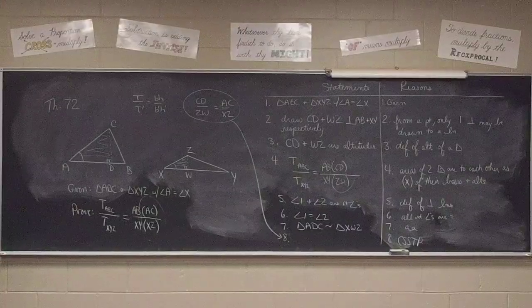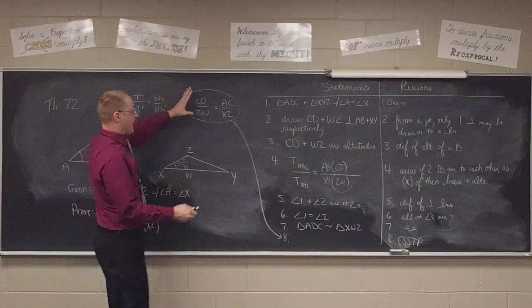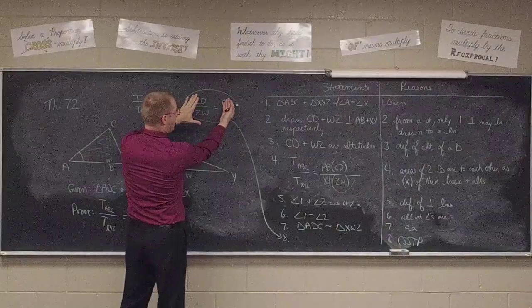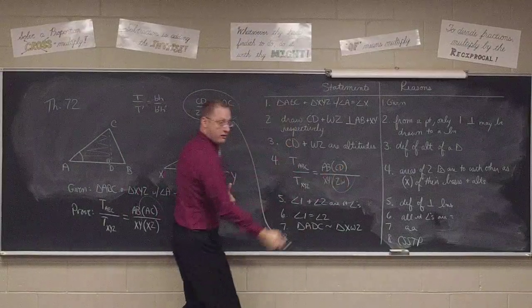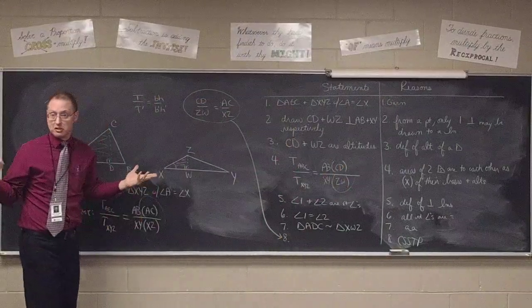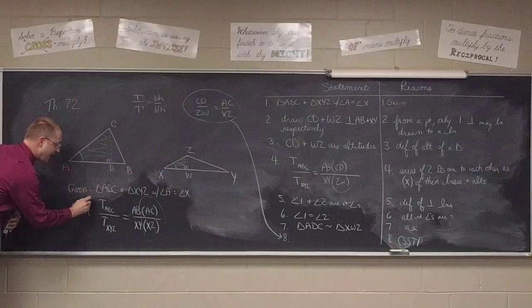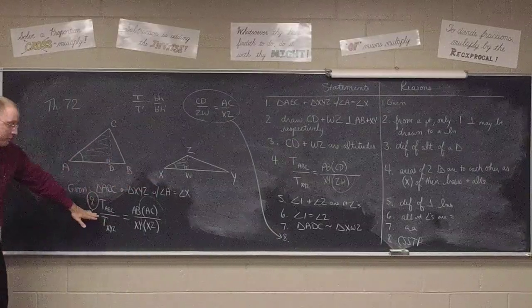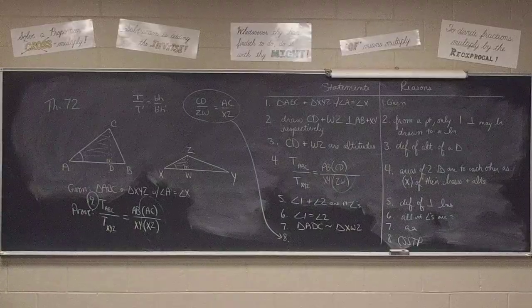And once I've got this truth, then I can simply take this ratio and put it in there for that ratio by substitution. So number 9, I've got what I want to prove by a simple substitution.